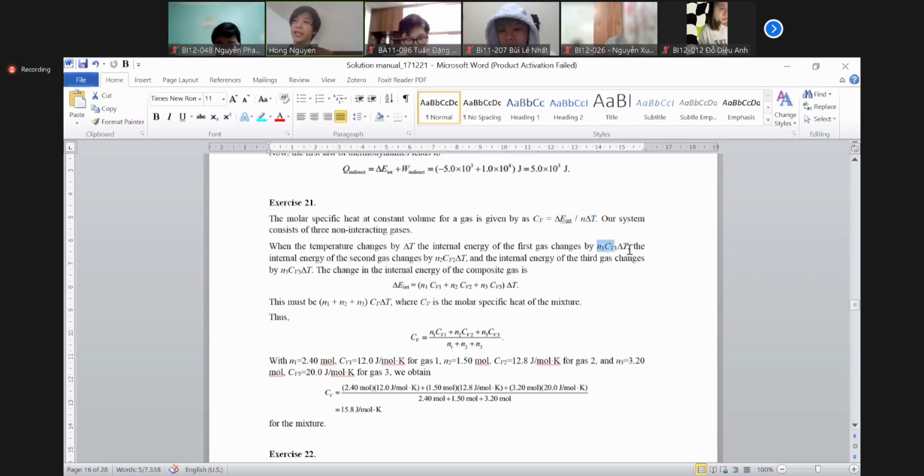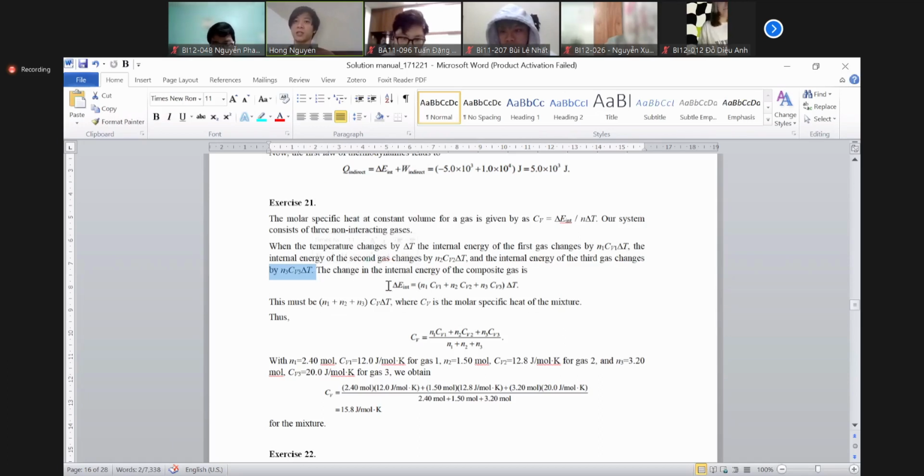So for any gas, you can write the change in internal energy as n CV delta T. So we apply it for gas number 1, number 2, number 3. And the change in the internal energy of the mixture is actually the sum of the change in the internal energy of each gas. Do you agree with me?